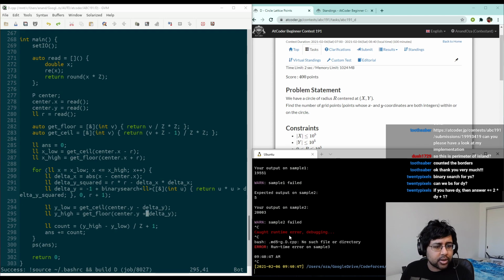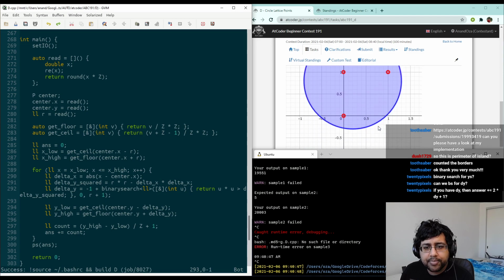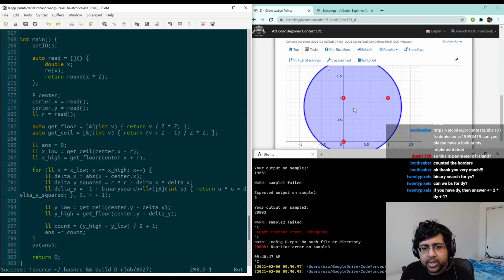Okay, there's something very wrong here. I'll fix that in a second. But basically the idea is that the center is not always at an integer point. So you could have a case where, like in this example, there is 1 point if you go up from the center, but there's 0 points if you go down from the center.